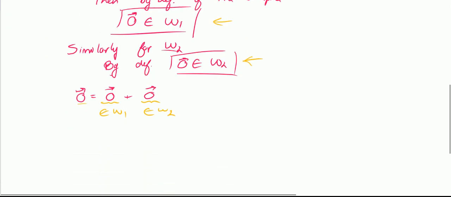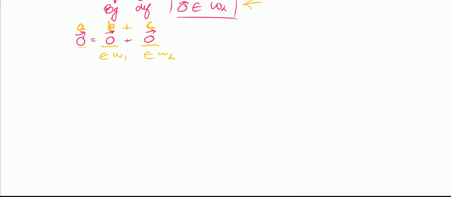This is like my A, this is like my B, and this is like my C. So my B belongs to W1, my C belongs to W2, so my A is equal to B plus C, so then A, or in other words, my zero vector, belongs to W1 plus W2.